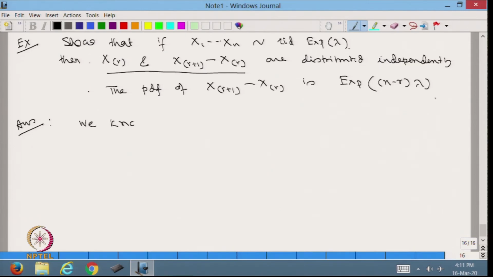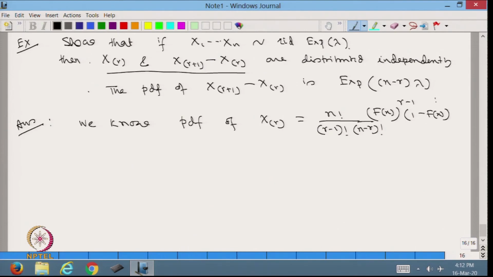We know the PDF of X_r is equal to n factorial upon (r minus 1) factorial into (n minus r) factorial, F(x) to the power r minus 1, (1 minus F(x)) to the power n minus r, into f(x).